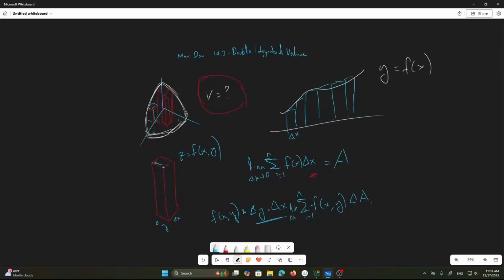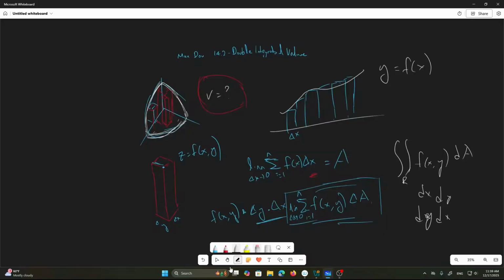Here we would slowly approach the actual volume under this graph in three-dimensional space. And this is what we represent by the double integral: the double integral over region R of f of x and y dA, which is dx dy, or dy dx.